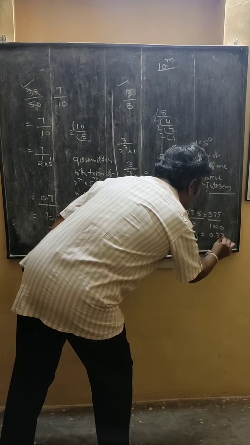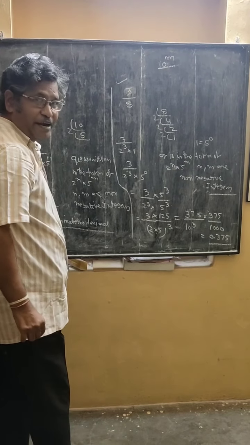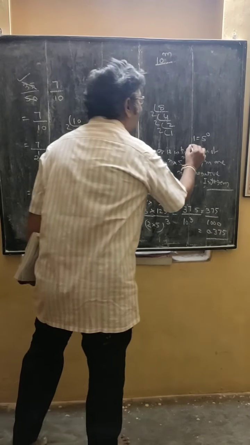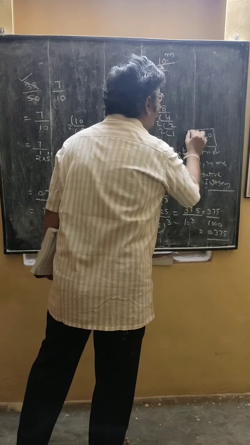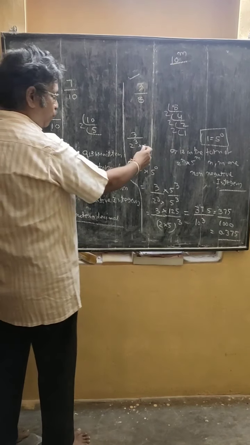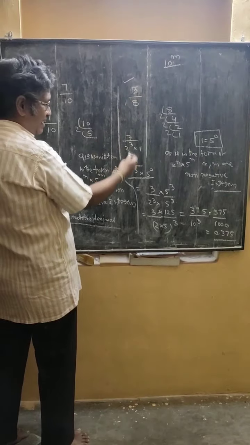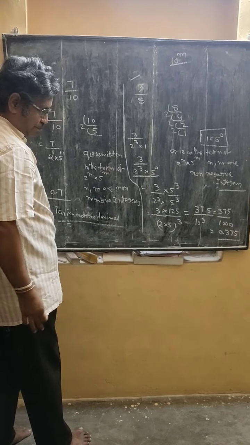That means 0.375. In order to understand, here I write 1 is equal to 5 power 0. Okay, 2 cube into 5 power 0. From this we can say it is a terminating decimal.